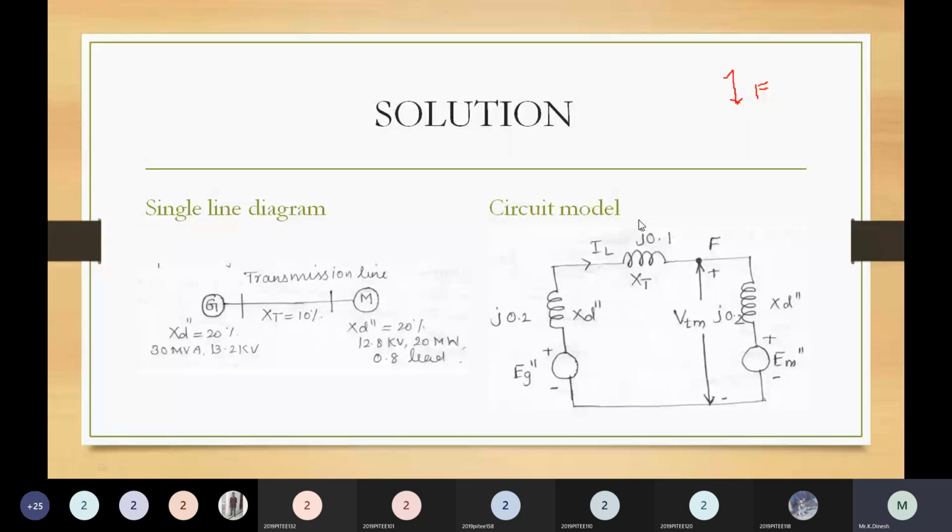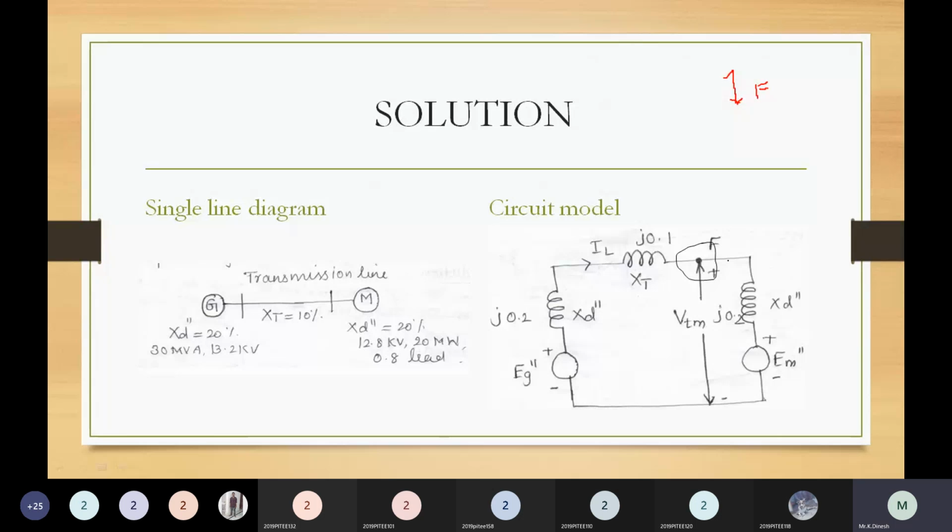Have you seen the dot here? After the transmission line, at the beginning of the motor terminal, I have the dot. That dot is said to be the faulted terminal. In the faulted terminal, we need the current. It shows that the power system is affected by a short circuit fault.